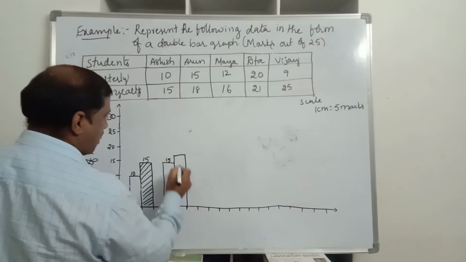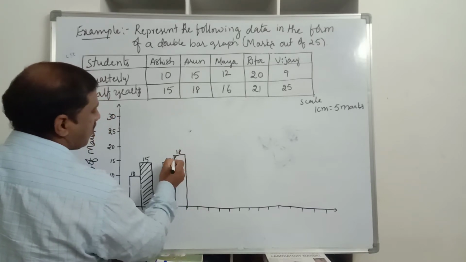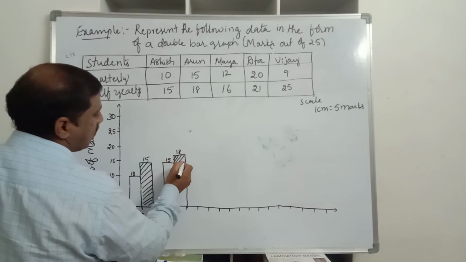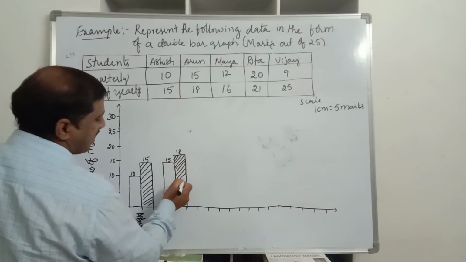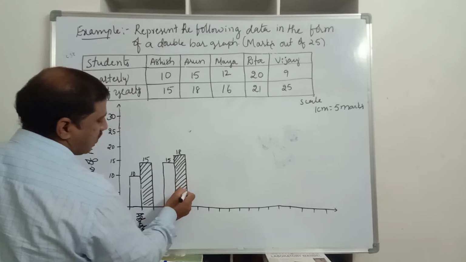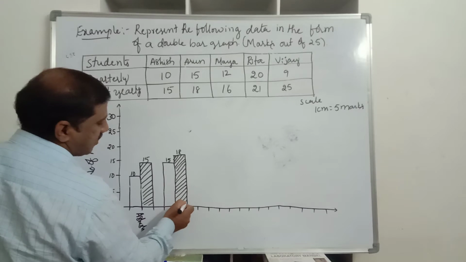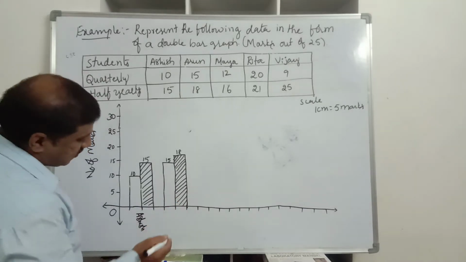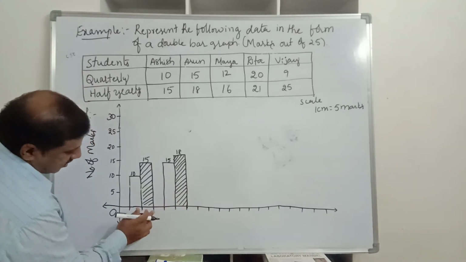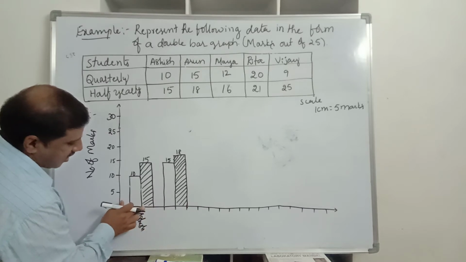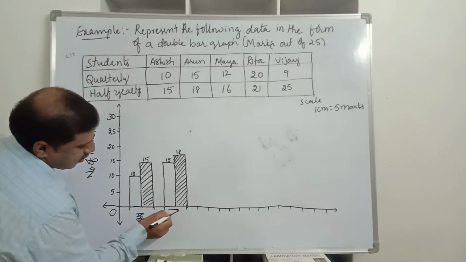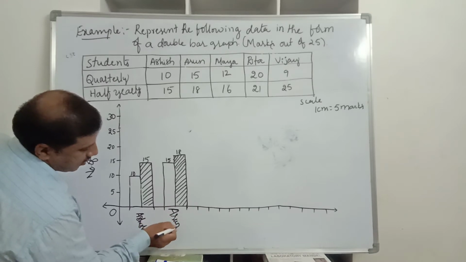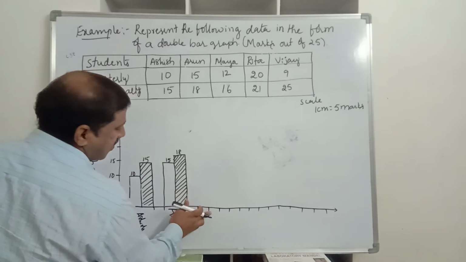So this is the 18 marks Arun scored in the half yearly examination. I am representing it with lines. This bar shows the marks in the half yearly examination, and this is Arun.